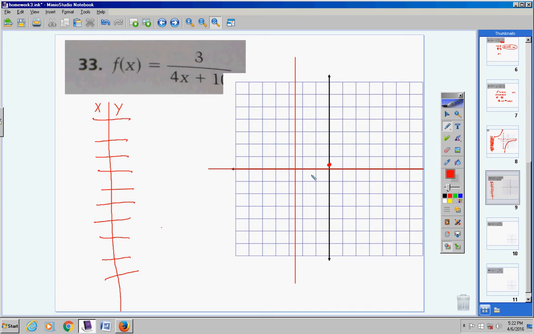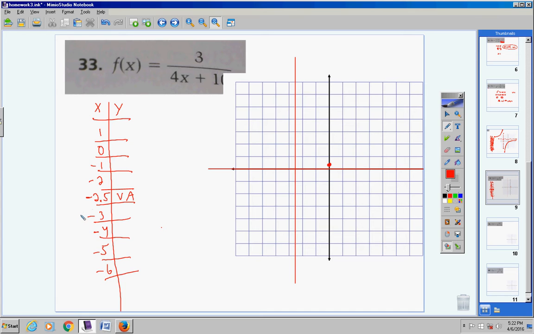So right here in the middle, I'm going to put negative 2.5. That's my vertical asymptote. Going a little higher: negative 2, negative 1, 0 and 1. Getting a little lower: negative 3, negative 4, negative 5, negative 6. There's no need to have decimals over here except where the vertical asymptote is.